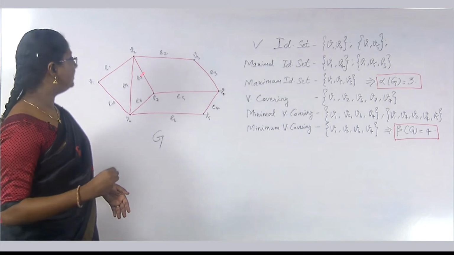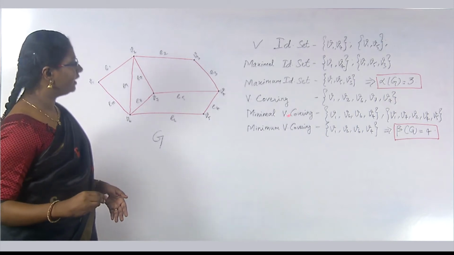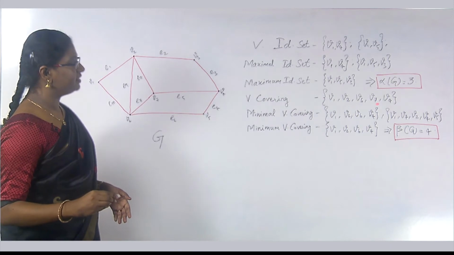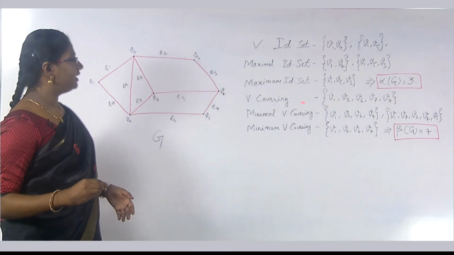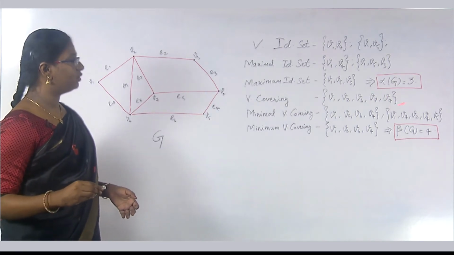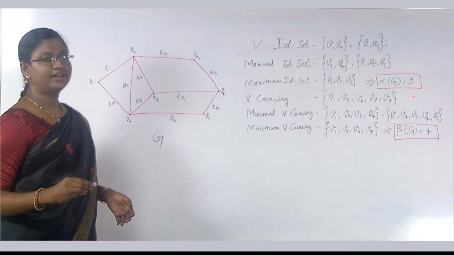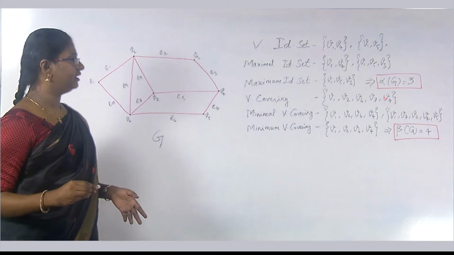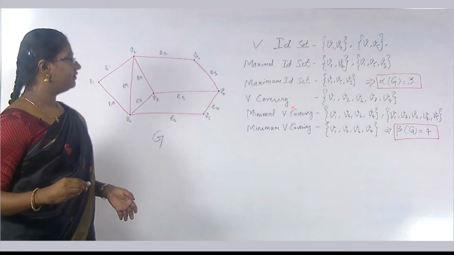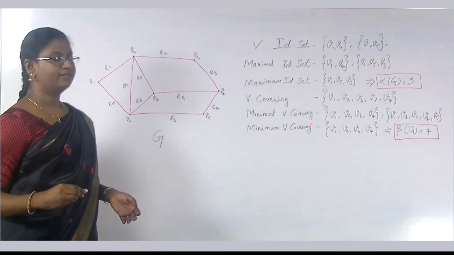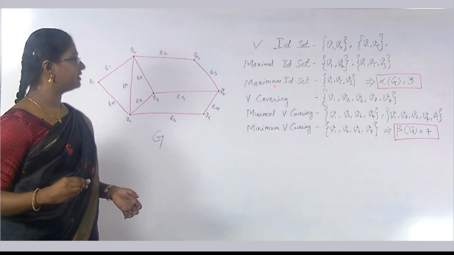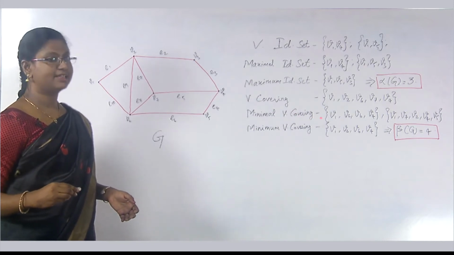So, all the 10 edges are covered by the vertices V1, V2, V6, V7, V4. We mean that all the 10 edges are incident with at least one of the vertices that we considered. So, this is just a vertex covering set. And when we speak about minimal vertex covering, as we did in maximal independent set, this is a minimal vertex covering.